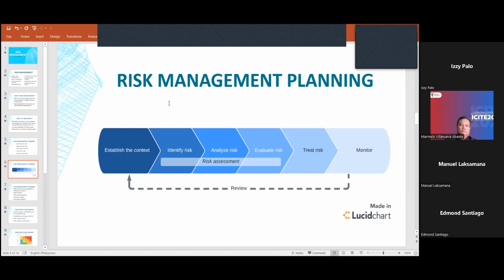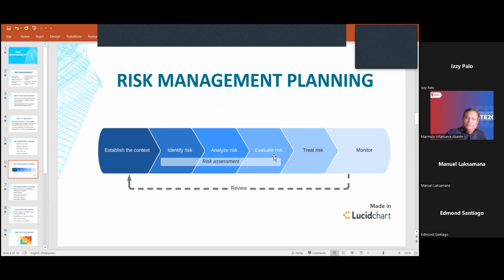Okay. So this is an example of a risk management process or plan that I researched, coming from lucidchart.com. Once we establish the context, we need to identify the risk, then analyze it, and then evaluate. There's a little addition here.